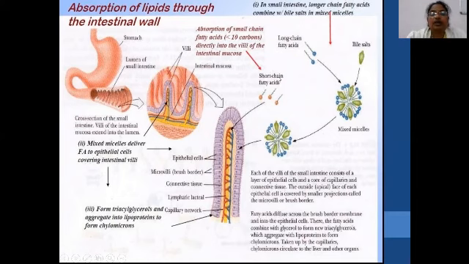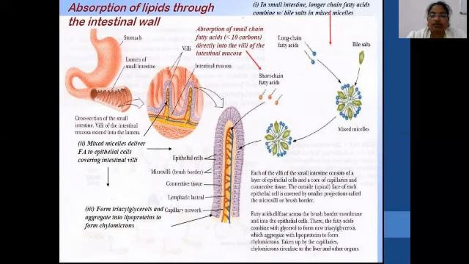Then the longer chain fatty acids combine with the bile salts to form mixed micelles in the intestine, and these mixed micelles will enter into the villi.